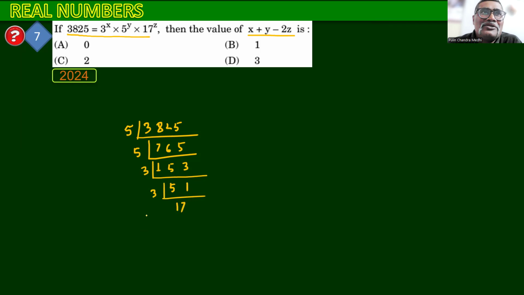17 will come. So now if you write this entire number in terms of the exponential expression of the prime factors, I can write 3 to the power x into 5 to the power y into 7 to the power z, which I got as, how many factors I got? Two factors. So 3 square, 5 square, and 17 to the power 1.